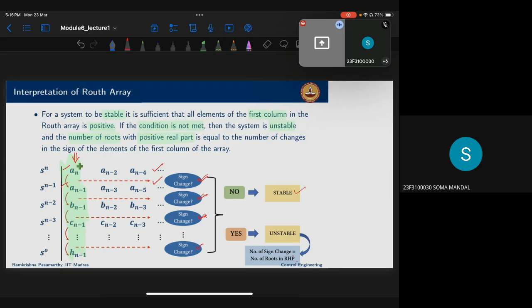If there are any sign changes, we say the system is unstable, and the number of sign changes is equal to the number of poles on the RHS side. The system is still unstable, but how many poles are on the RHS side will be decided by the number of sign changes. Is it clear? So that is how we decide. Here we don't need to calculate the roots of the characteristic polynomial.